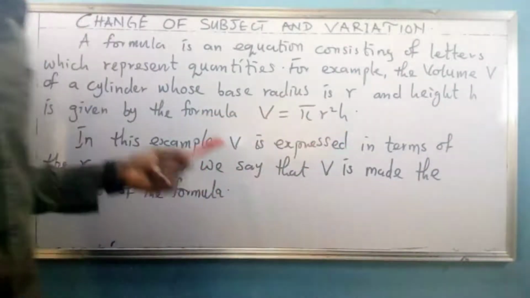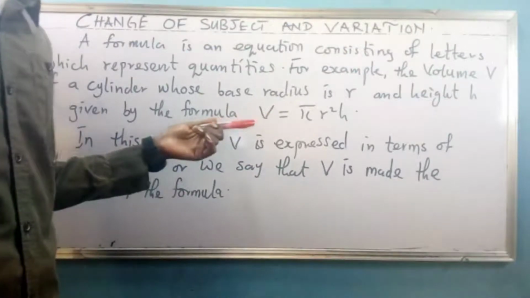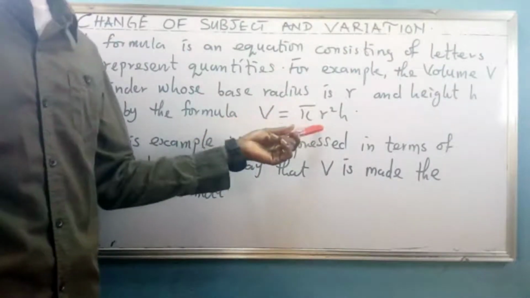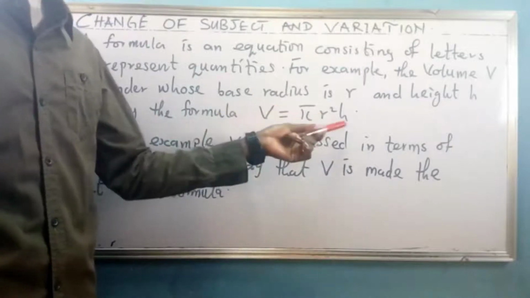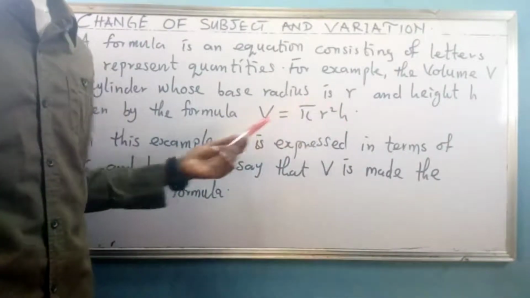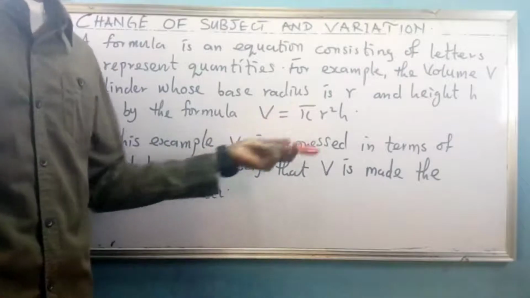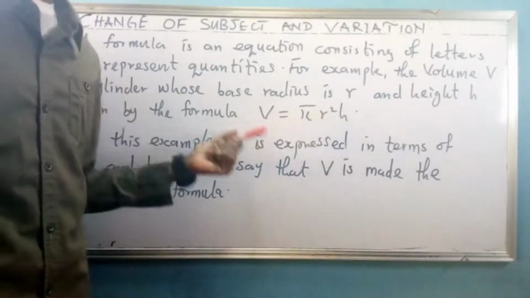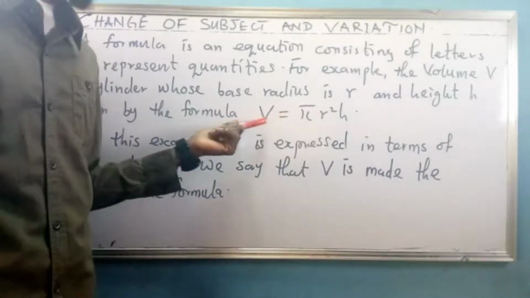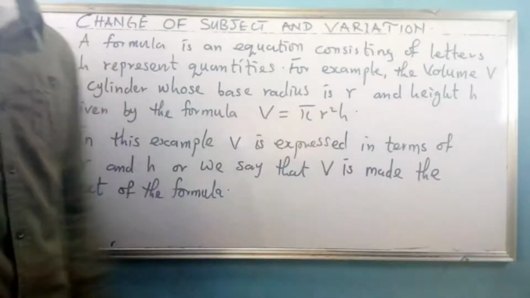So now we can twist it around in such a way that r comes to the front, which means it will be the one that leads the team. We can also have h come to the front, which means it will lead the team. If r leads the team, r will become the subject of the formula. If h leads the team, h will become the subject of the formula. But here, V is the subject of the formula.